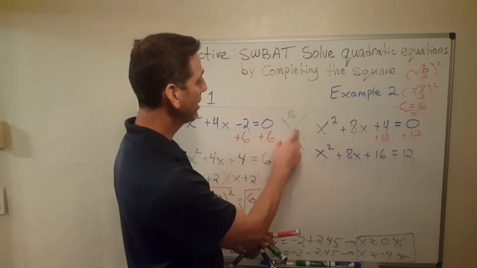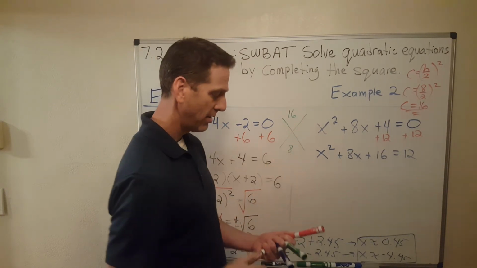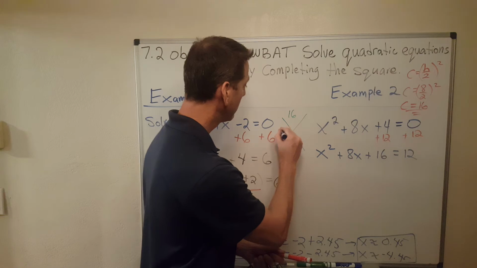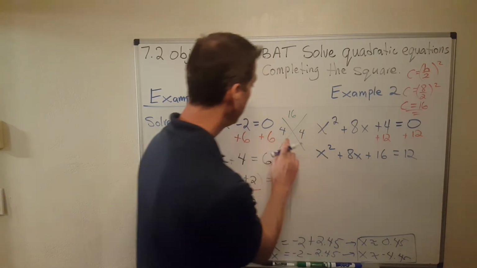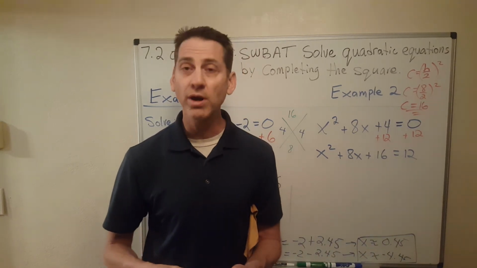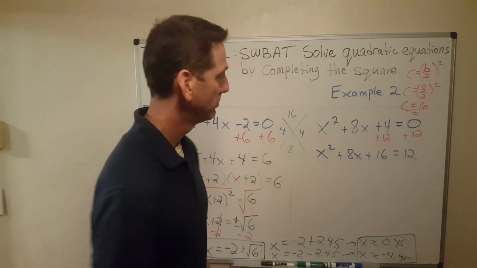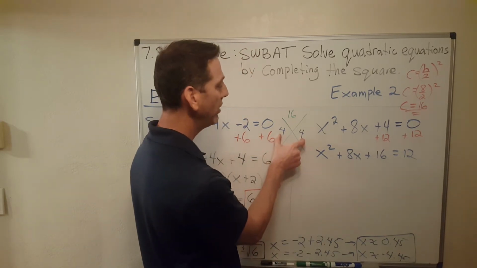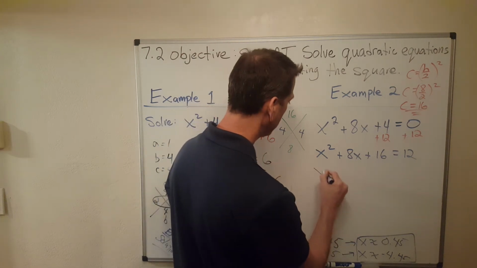Well, let's see, 4 times 4 is 16, and 4 plus 4 is 8. By the way, a little hint: if this is a perfect square trinomial, these two numbers will always be the same. Just like in a square, the sides are always the same. Okay? So I know that's the case here. 4 and 4.